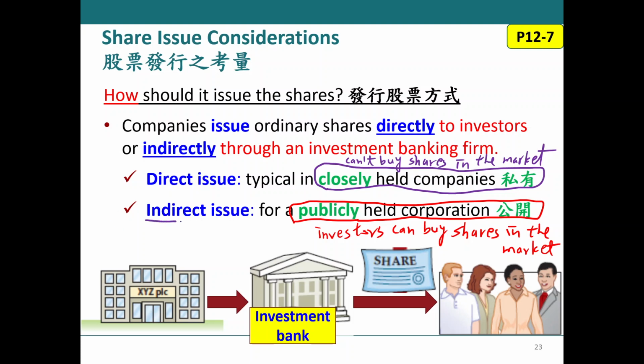And the indirect way is usually for Apple or 台积电.